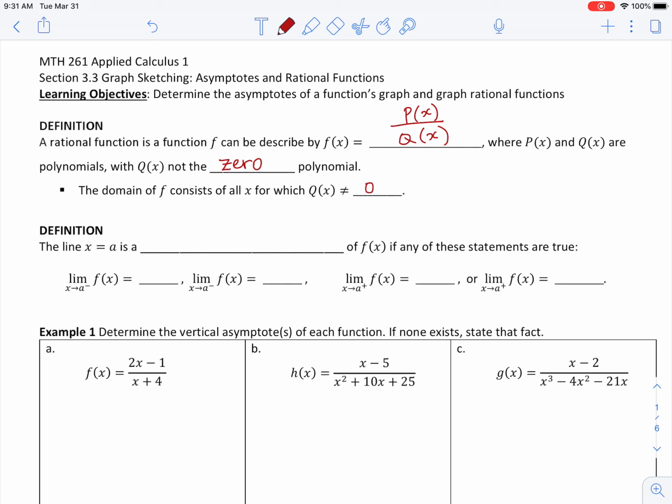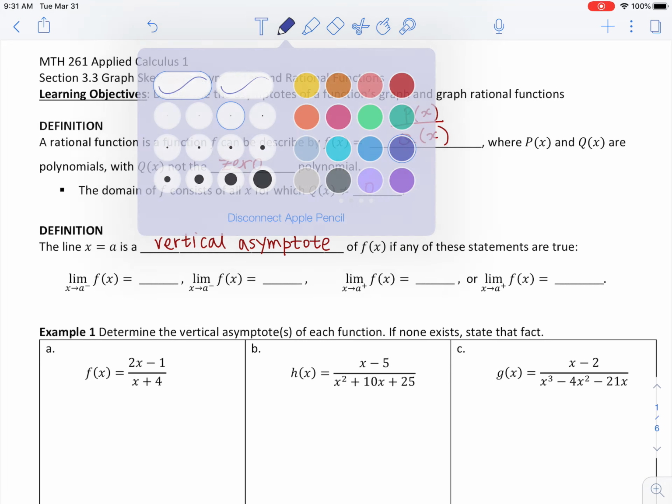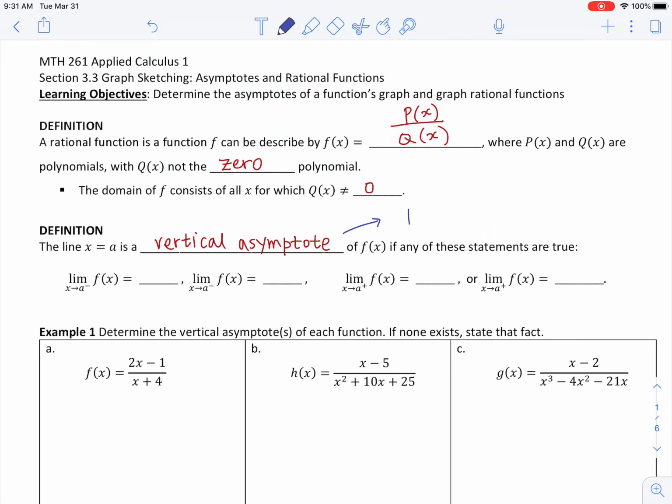You learned in pre-calc that in order to find a vertical asymptote of f of x, we set the denominator equal to 0.